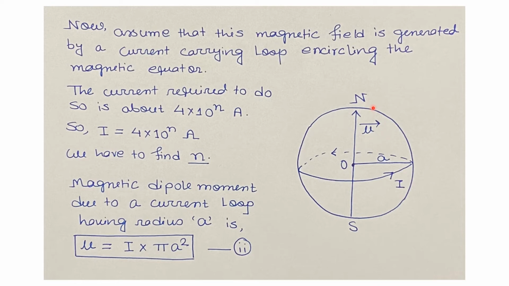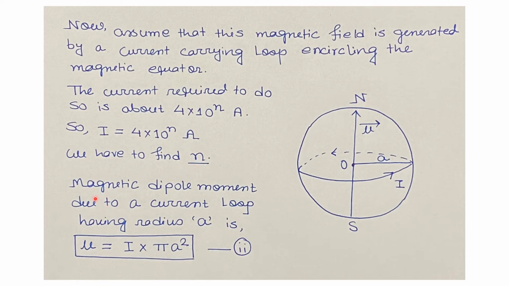The current required is about 4 × 10^n ampere, as given in the question. So our current I equals 4 × 10^n ampere. We have to find this n value.